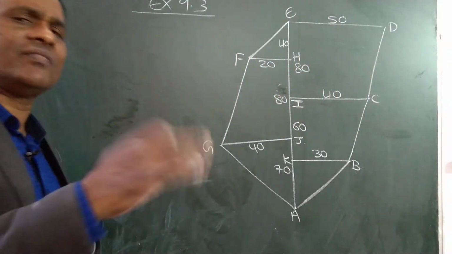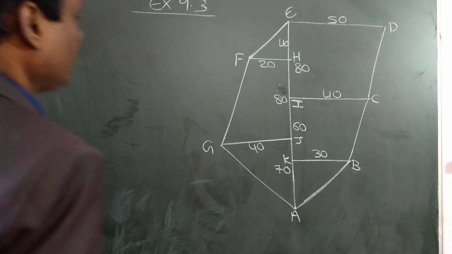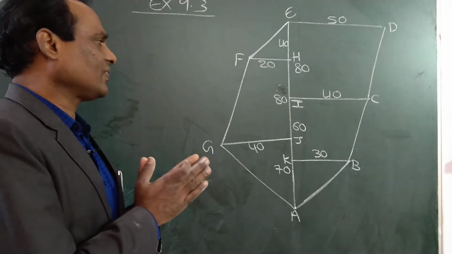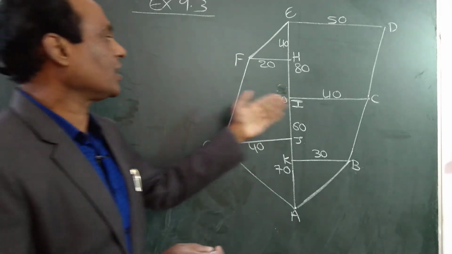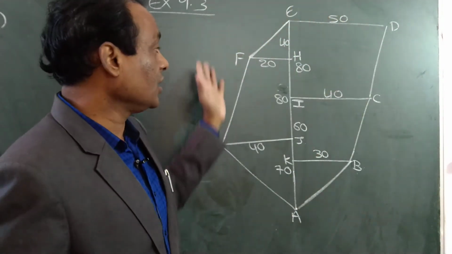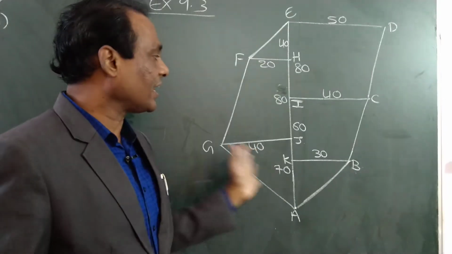Simple. Already yesterday, in the previous class, we solved this type of problem. And only two cases. The total figure consists of small figures. To find the area of this total figure, we don't have any formula because it is not a known figure.